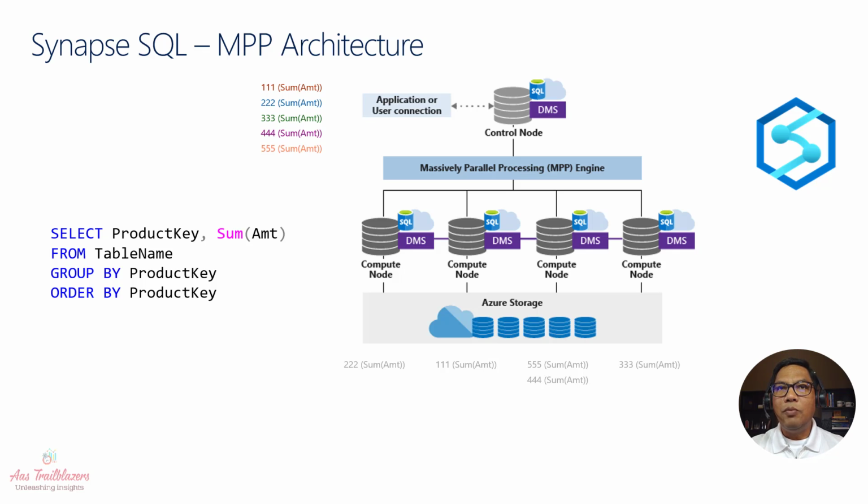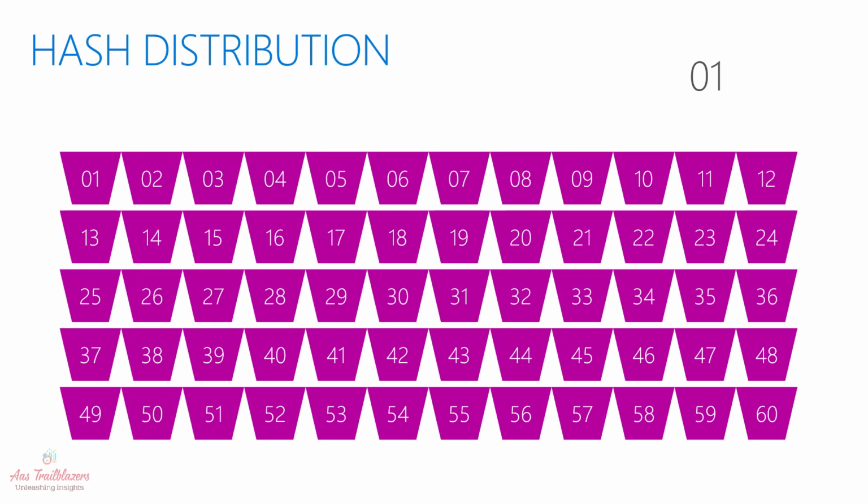This data movement, or the data shuffling between compute nodes that we were discussing earlier, can be minimized if we choose a right hash distribution key for a hash distributed table. But before that, let's see how it works. Let's say we have 01 as a hash distributed key value coming in, and that data gets stored into one of the distributions.